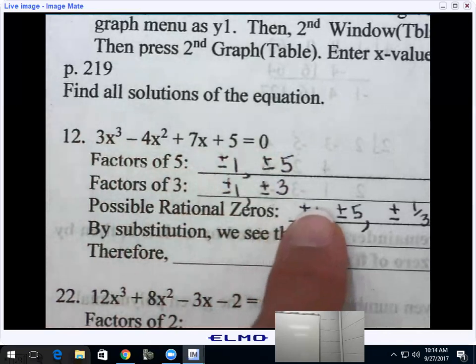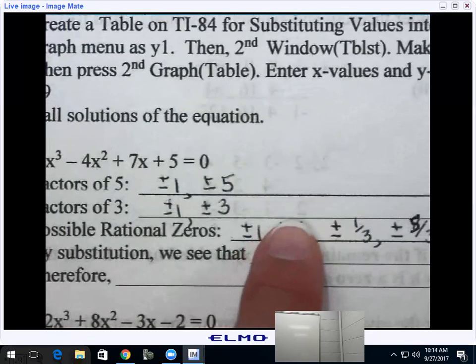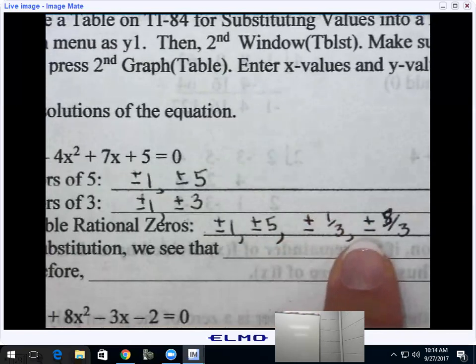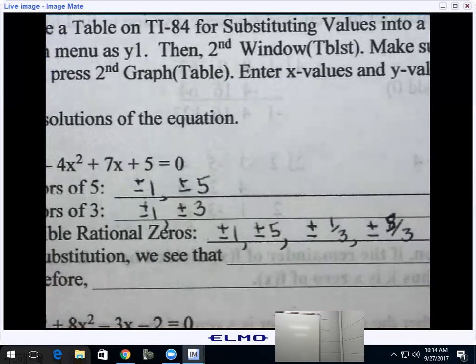We're going to have to do the same thing for 5, and for -5, and for 1/3, and for -1/3, and for 5/3, and -5/3. So it is yucky, but thank goodness I have a calculator. I'm going to let X be each one of those 8 numbers and see if any of them are solutions.